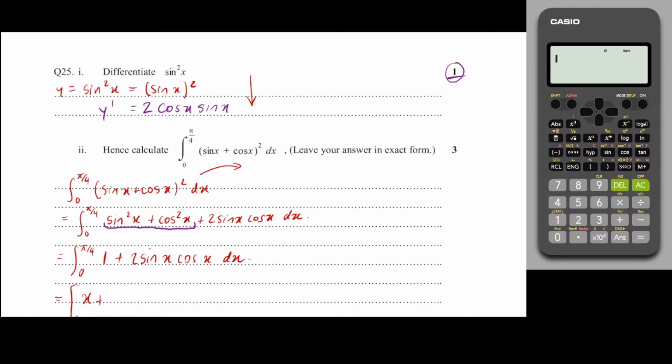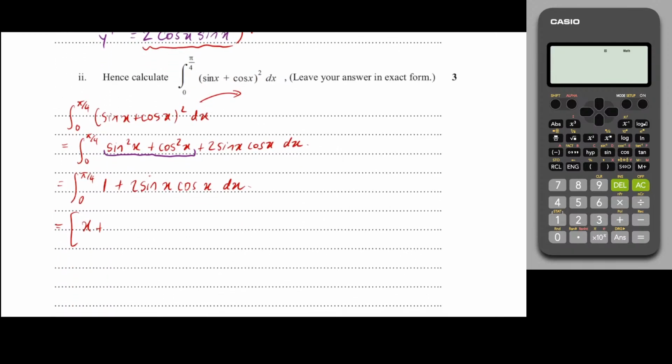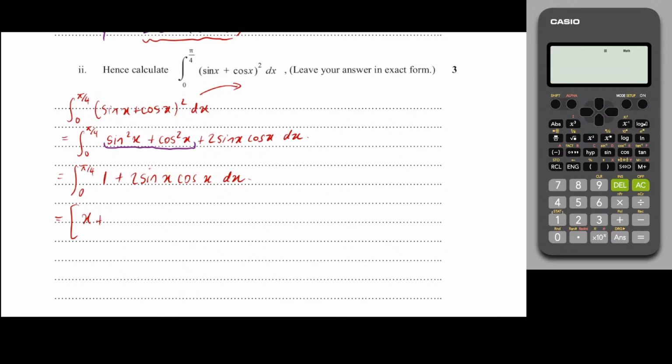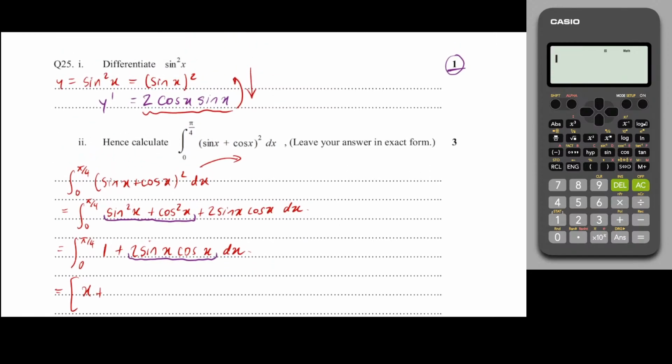And when we integrate, we're doing the opposite of differentiation. So basically, I'm starting at this point and I'm moving back up to this one. If we go back down and have a look, we've already got 2 sine x cos x, but we already know what the primitive function of this is because we've worked it out.